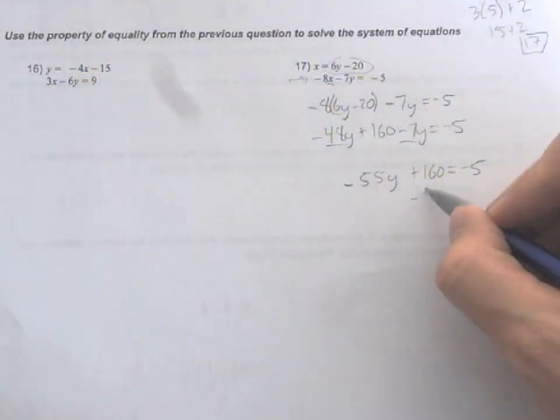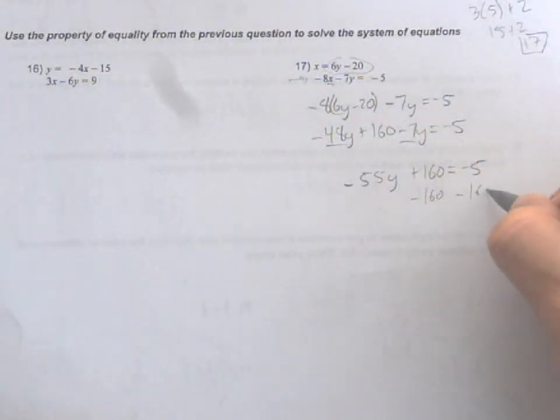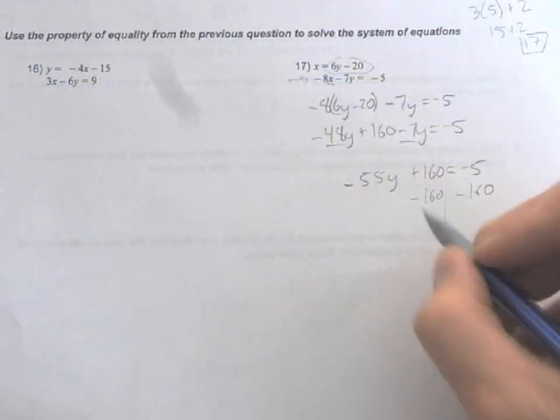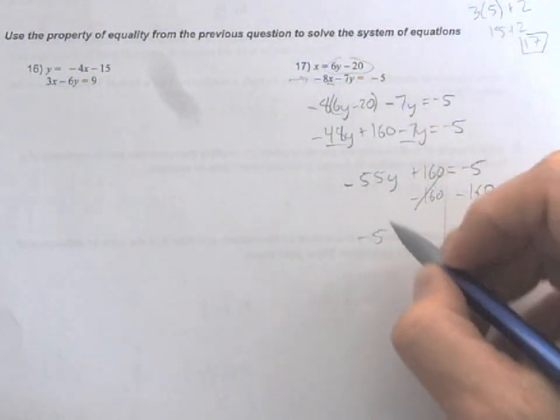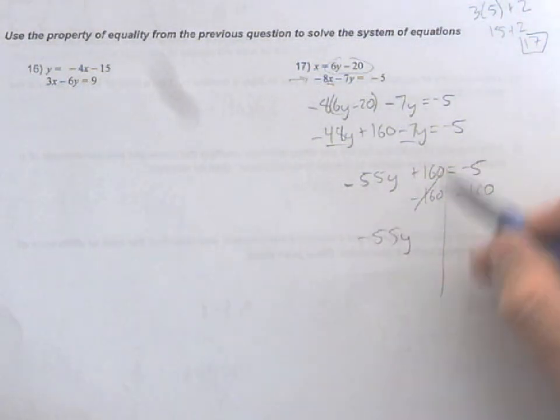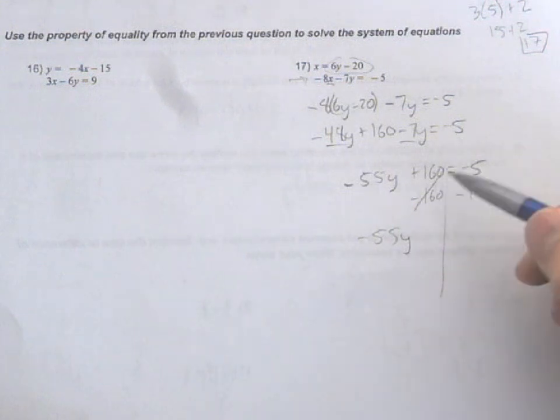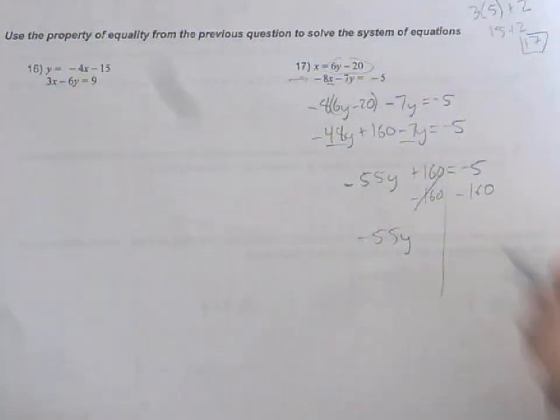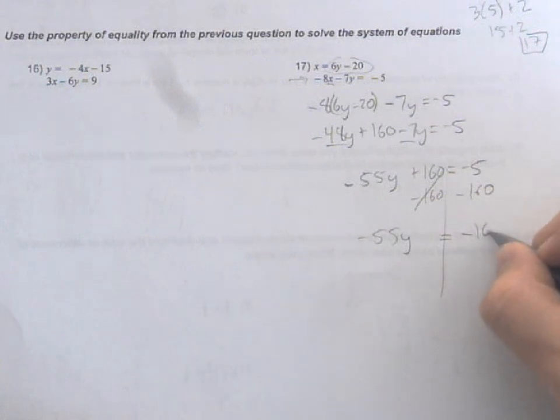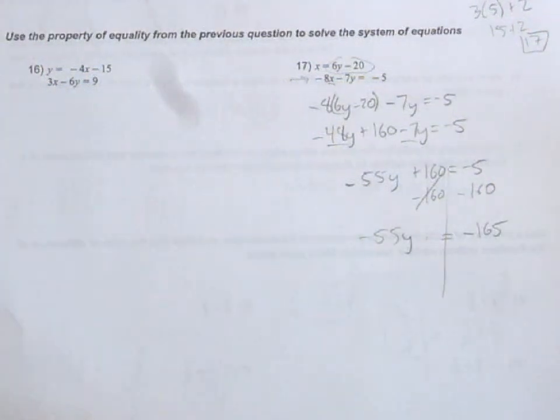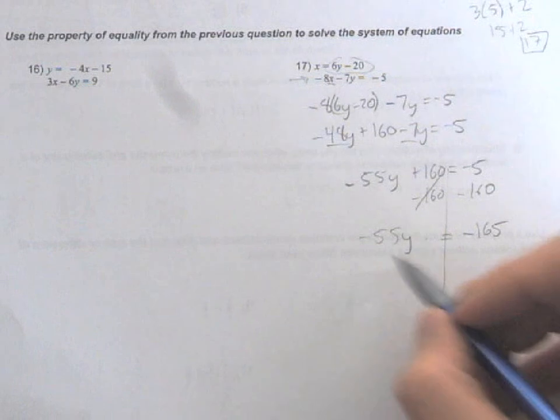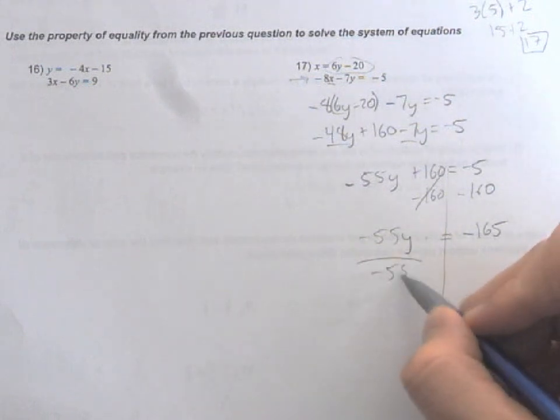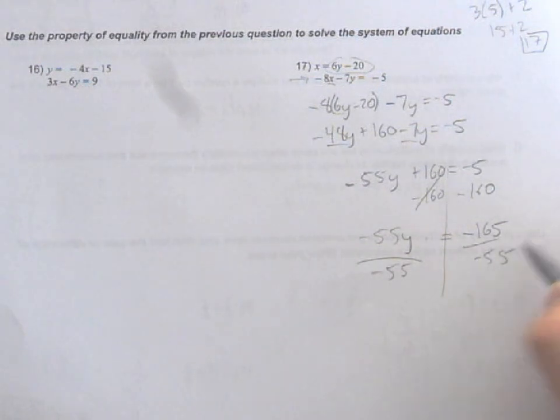From here I'm going to use the subtraction property of equality. Subtract 160 from both sides. These two cancel because they're additive inverses. 160 and negative 160 together give you 0. So when I cross that out, really what I'm saying is I have 0 here. Combine these guys. Now I'm going to divide both sides by negative 55, excuse me.